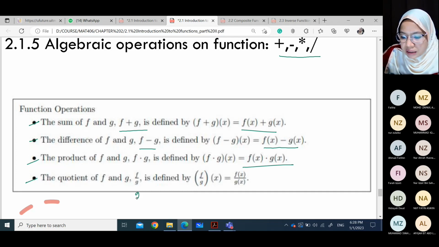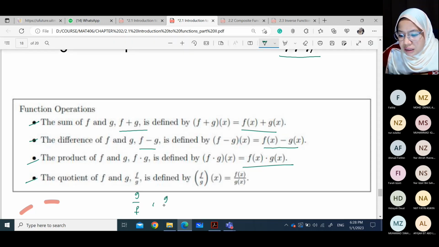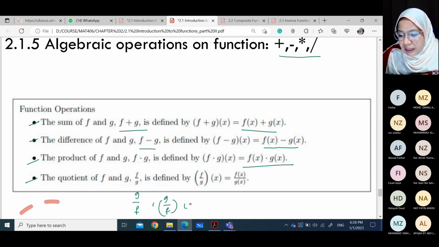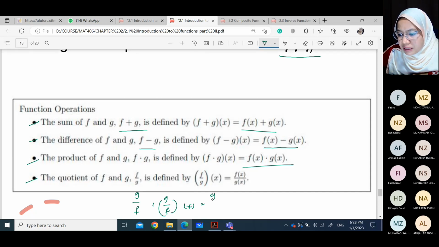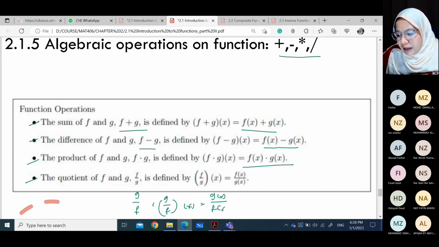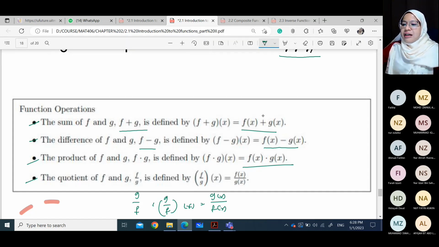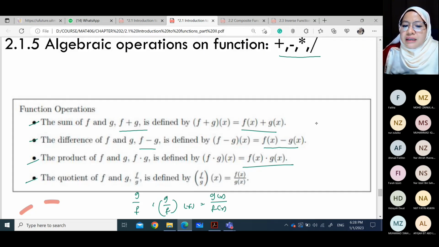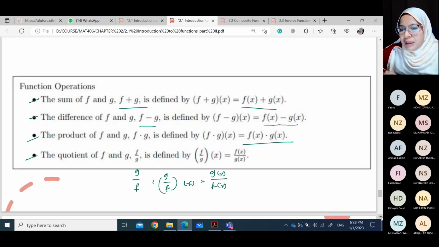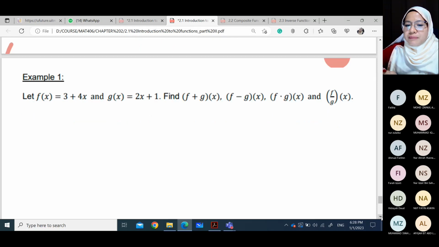Kalau g over f ataupun g divided by f, it is equivalent with function g divided by function f. Okay, faham? So these are the 4 basic operations of the functions. Ada soalan tak untuk yang ni? Tak ada kan? Tak ada, kita tengok example.